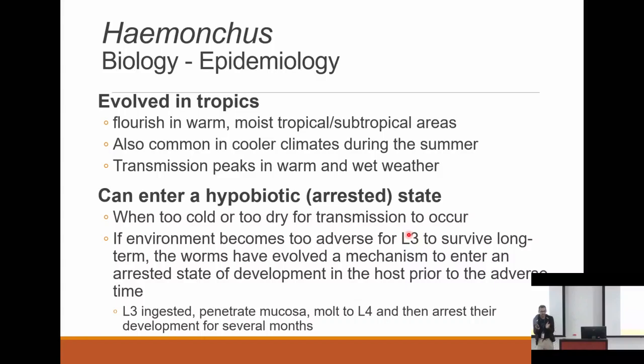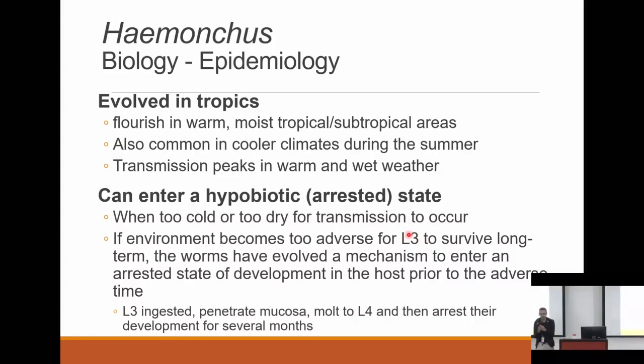However, why does this parasite do that? Because the temperature outside is not favorable for this parasite to convert the stage, produce the eggs, and have eggs come out in the feces into the environment, because they will not survive. So think about how clever this parasite is to know what is going on outside. The parasite is in the abomasum, but he knows what is going on outside.